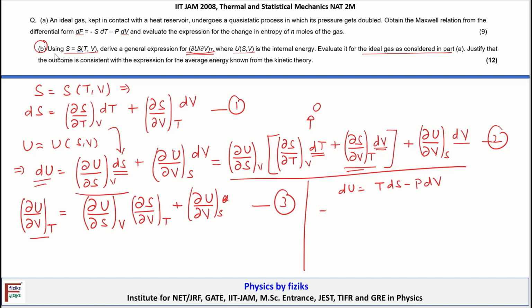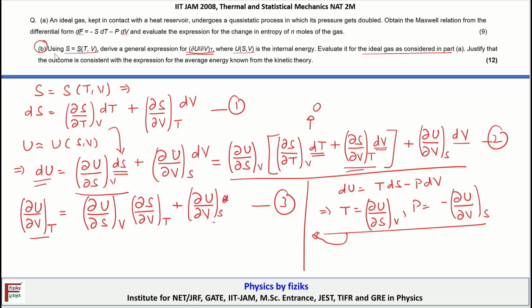So from this equation we can write T is equal to (∂U/∂S) keeping volume constant, and P is equal to minus (∂U/∂V) keeping S constant.